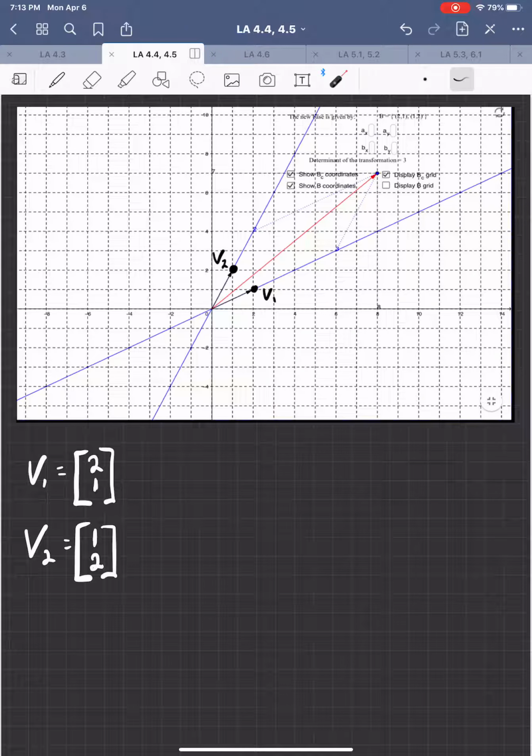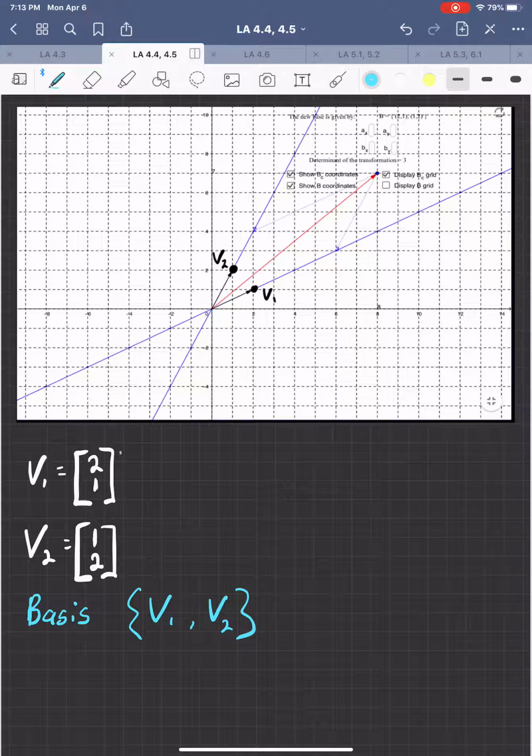So what we're going to do is change our basis vectors. So the new basis vectors that we're going to use are the following 2 vectors. But now take a look at V sub 1 and V sub 2.